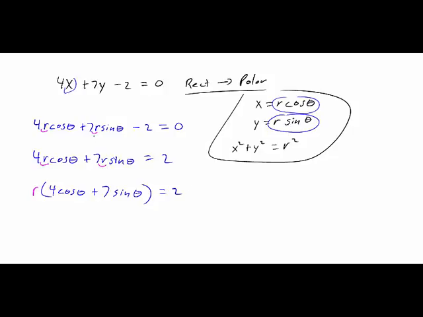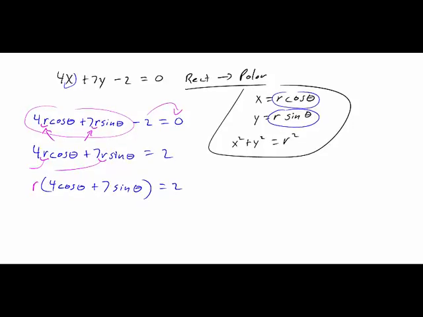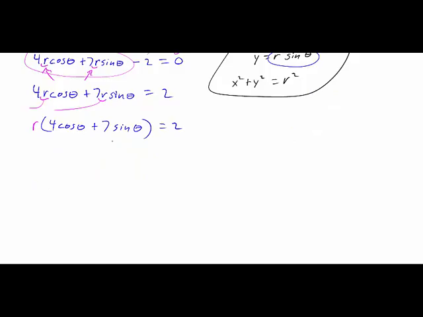If you have your variable tied up with two different terms and we can't combine the terms, then you typically want to get these two terms by themselves. So that's why we wanted to move the negative 2 over here. And then we can always factor the r out front, because now we have strictly multiplication, which means we can now divide everything else away.